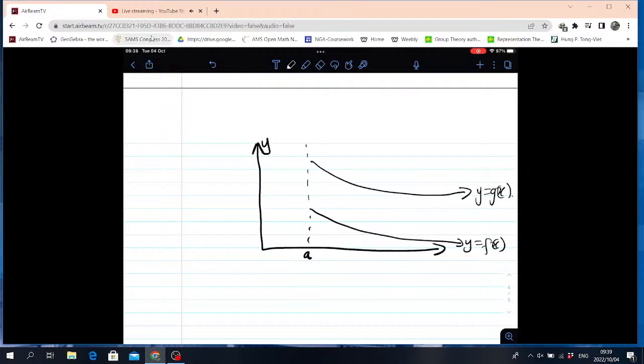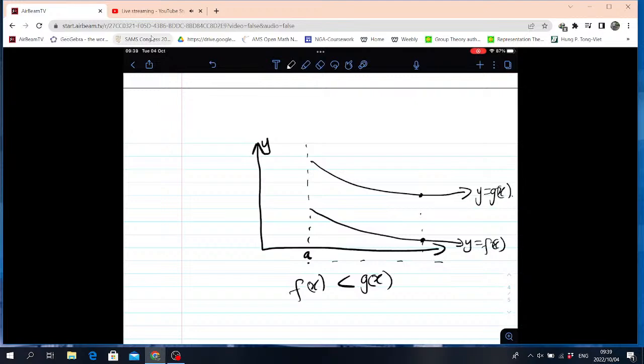If you think about these two functions, from a onwards, f of x is greater than g of x, or it's the other way around, sorry. It's the other way around, right?